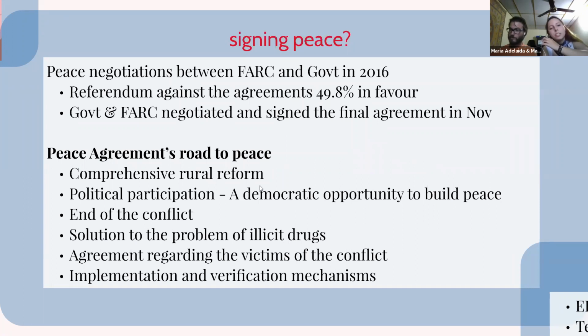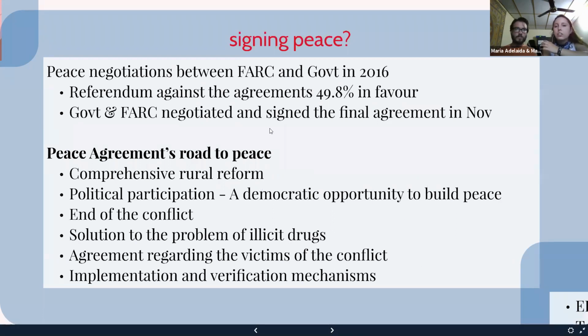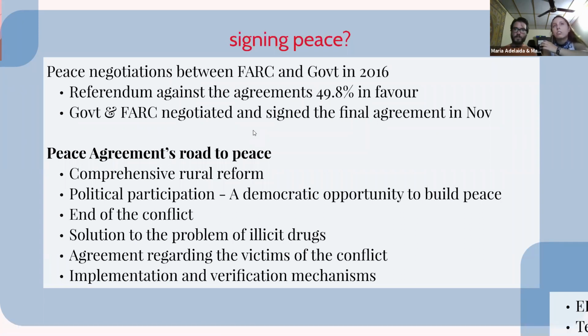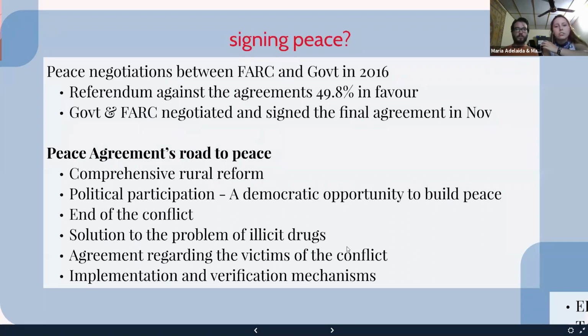The second one is political participation, which is like a democratic opportunity to build the peace, which represents basically that this FARC guerrilla had the power to participate in the government as an opposition party, as a left party, and last year and this year, for the first time in more than 50 years, they have voted for president and regional governors.